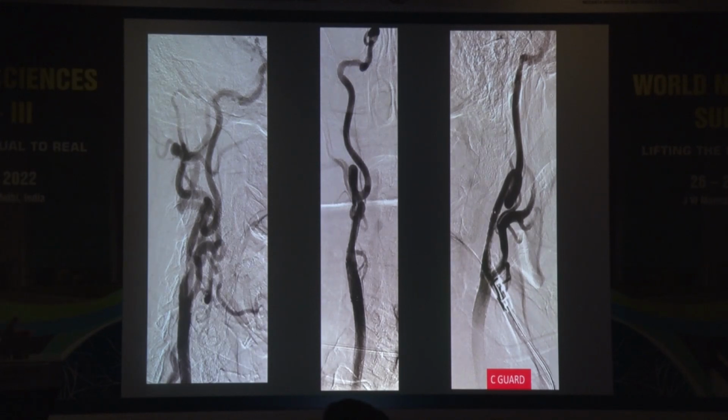Now, if there's a mesh covering the stent, then that protrusion of cholesterol plaque into the stent struts doesn't happen. So that's the concept of these mesh stents, that you don't need to place a filter. They have an inbuilt filter in them. So we can also use devices like C-Guard if we cannot place a distal protection device.